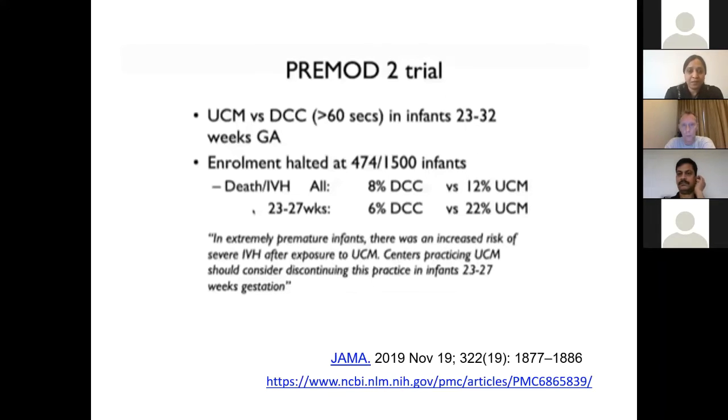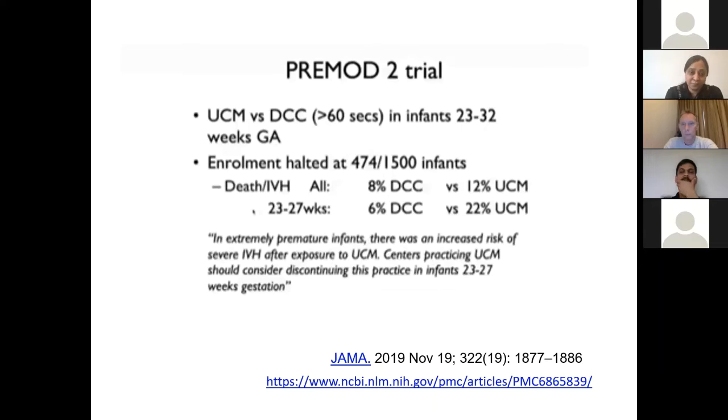Happy with that? Certainly in our practice, we found that as we've gotten better at transitioning babies and delayed cord clamping in preterm babies, our babies are a bit more stable in the first few days, particularly, and we've had fewer IVHs as well.